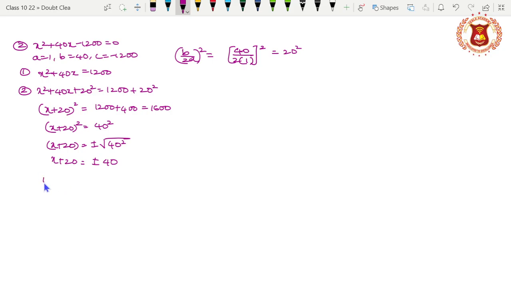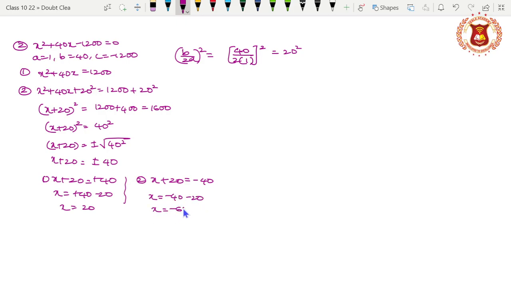Now again two solutions here. First solution, x plus 20 is equal to plus 40. Second solution is x plus 20 is equal to minus 40, right? Now x is equal to 40 minus 20, x is equal to 20, and x is equal to minus 40 minus 20, x is equal to minus 60. Yes, these are the two solutions here.